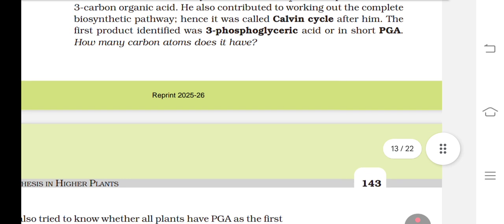After him, the first product identified was 3-phosphoglyceric acid, in short PGA. How many carbon atoms does it have?